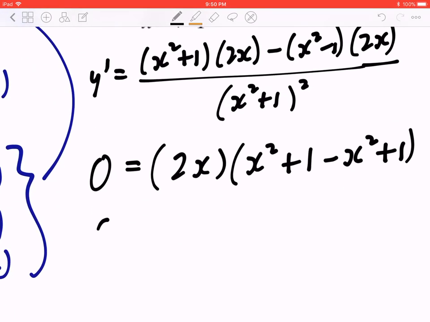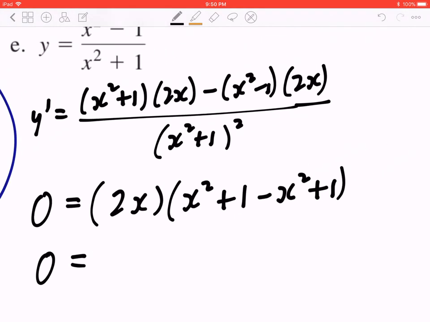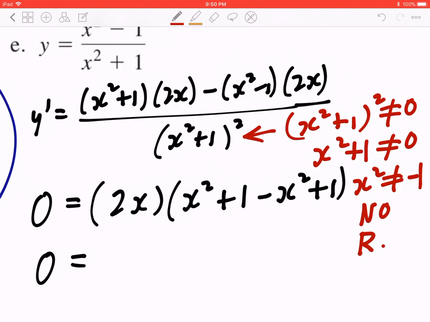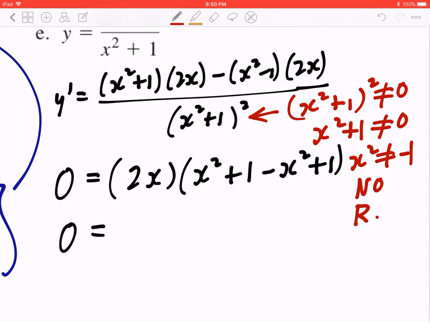So again, I hope you're connected. You can dismiss the denominator in this case because if you look at the restriction, x squared plus 1, quantity squared, cannot be 0. x squared plus 1 cannot be 0, x squared cannot be negative 1, so there are no restrictions, which means the only critical points are going to be found in the numerator.